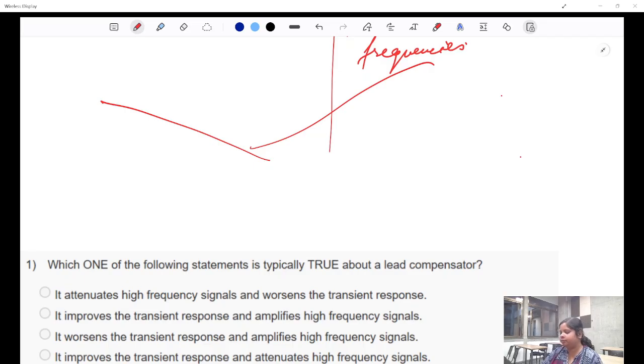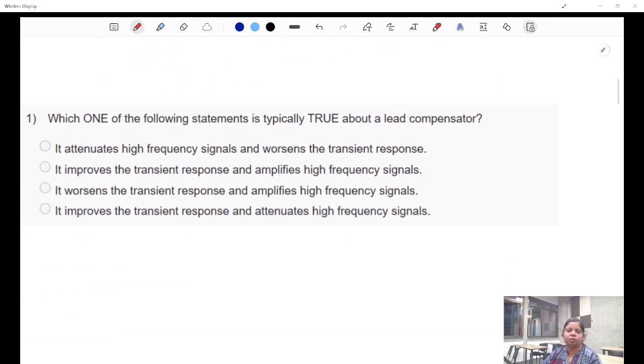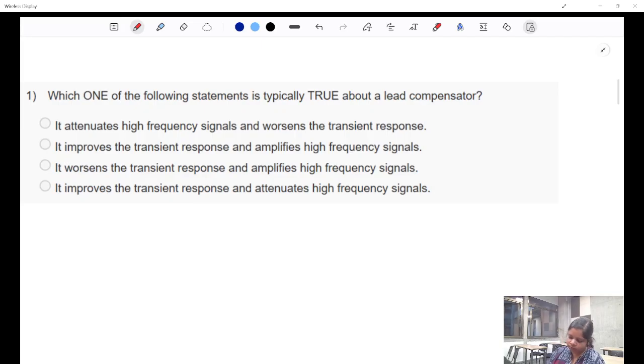Now, let's move to the first question. Which one of the following statements is typically true about a lead compensator? It attenuates high frequency signals and worsens the transient response.